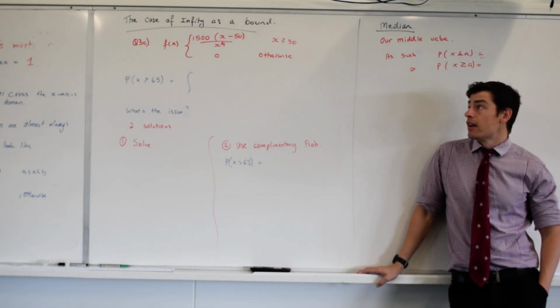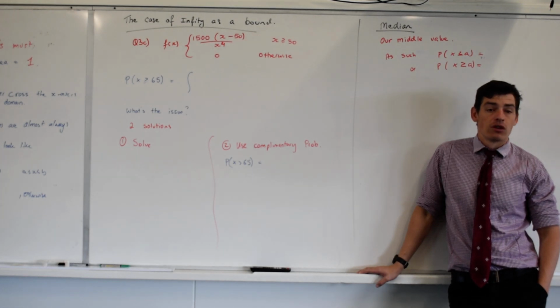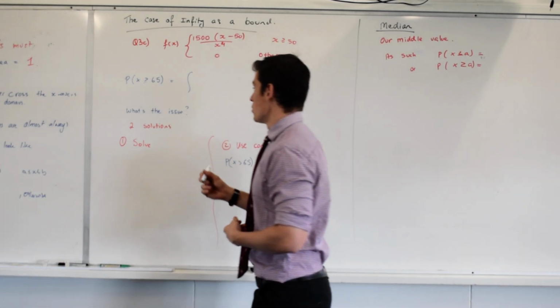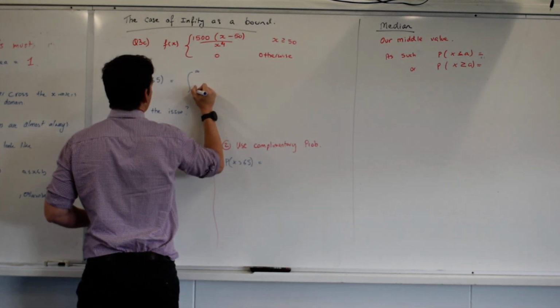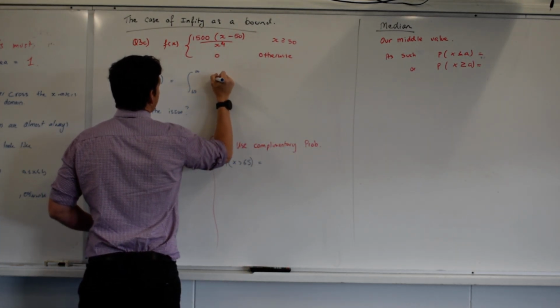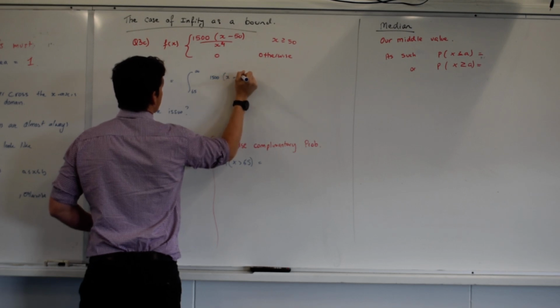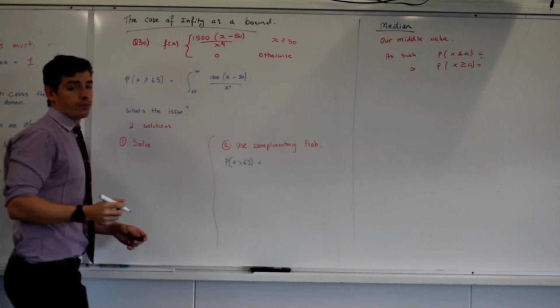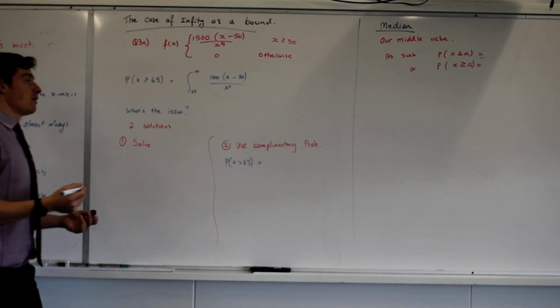It's greater than. And what's the problem with that if we look at our probability density function? There's no upper bound. What is the upper bound really? Infinity. So if I was doing this problem, I would have infinity, 65, 1500, x minus 50 over x to the power of 4. Cool? We expand that in.